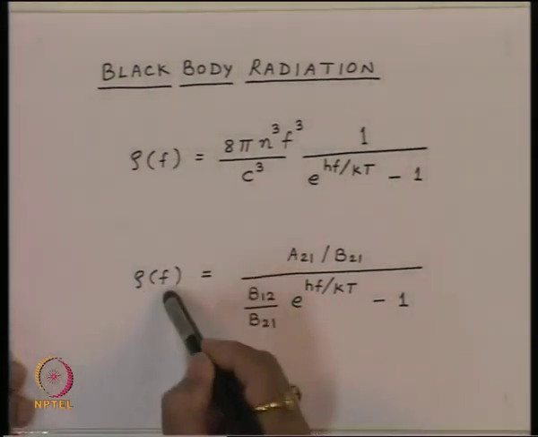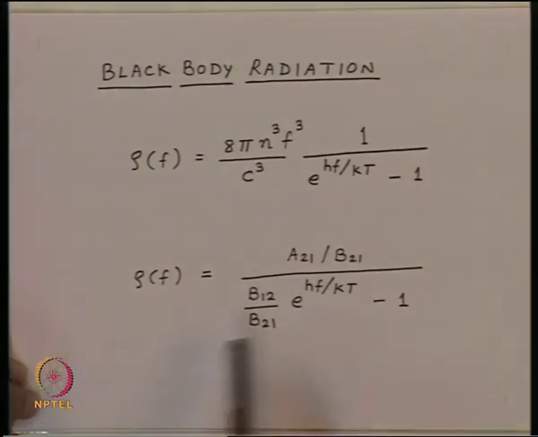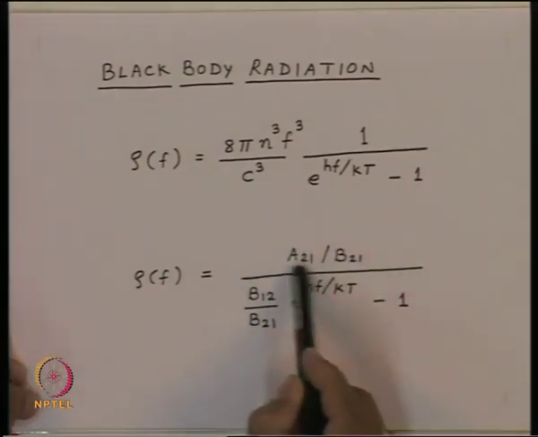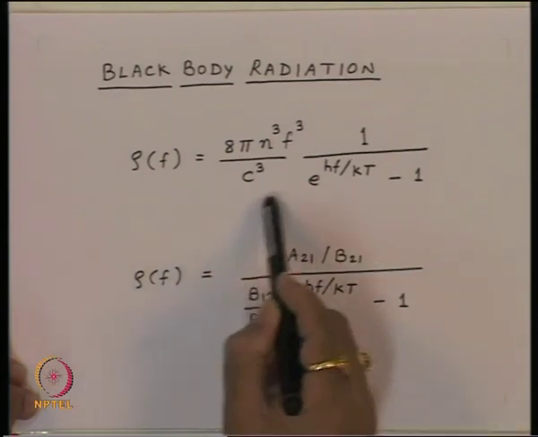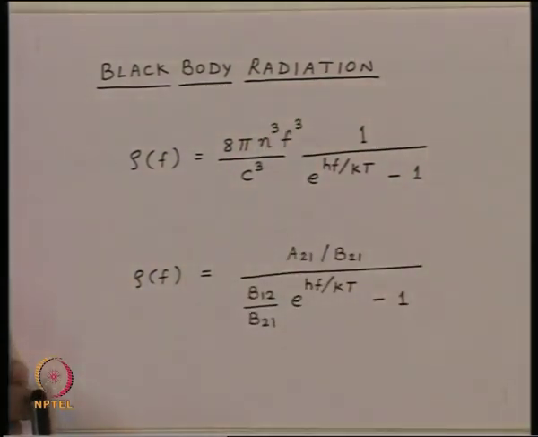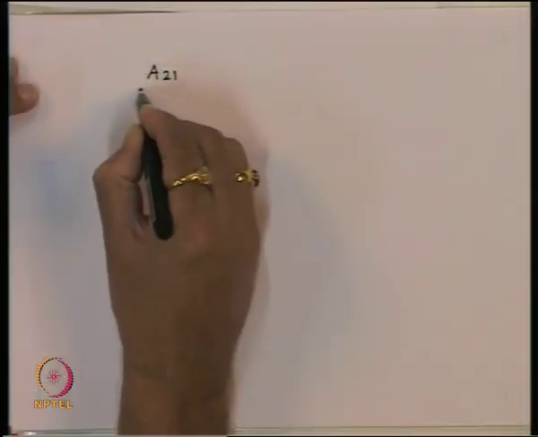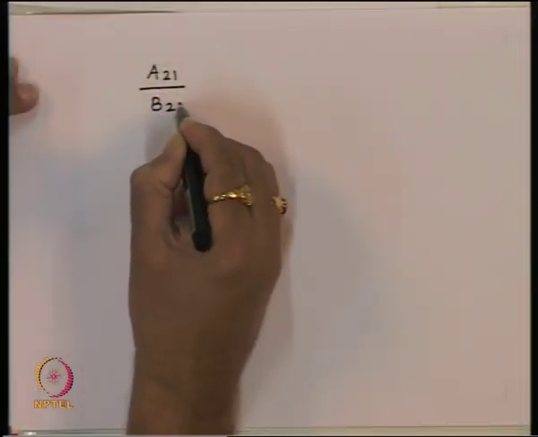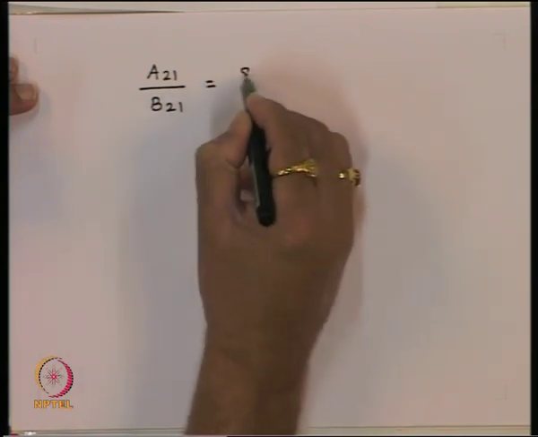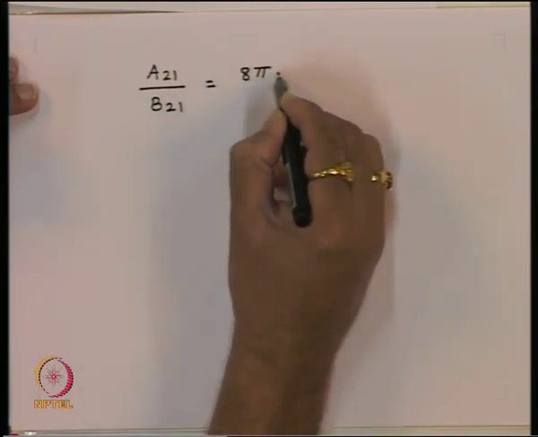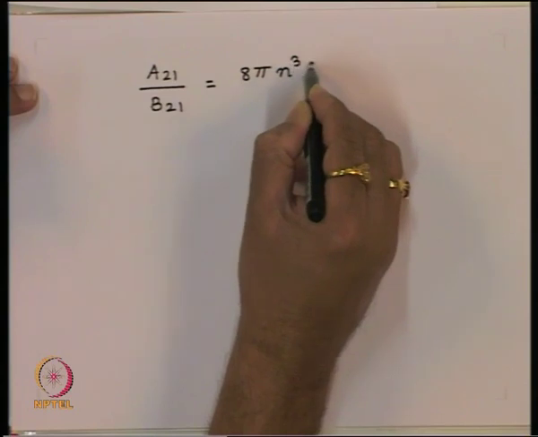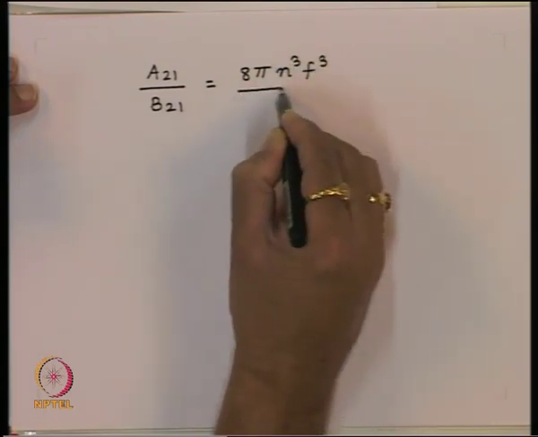If we compare these two now, you will see that this quantity here, A21 upon B21, is this constant. So, we can write down just by comparison that A21 upon B21 is equal to 8 pi n cube f cube upon c cube.